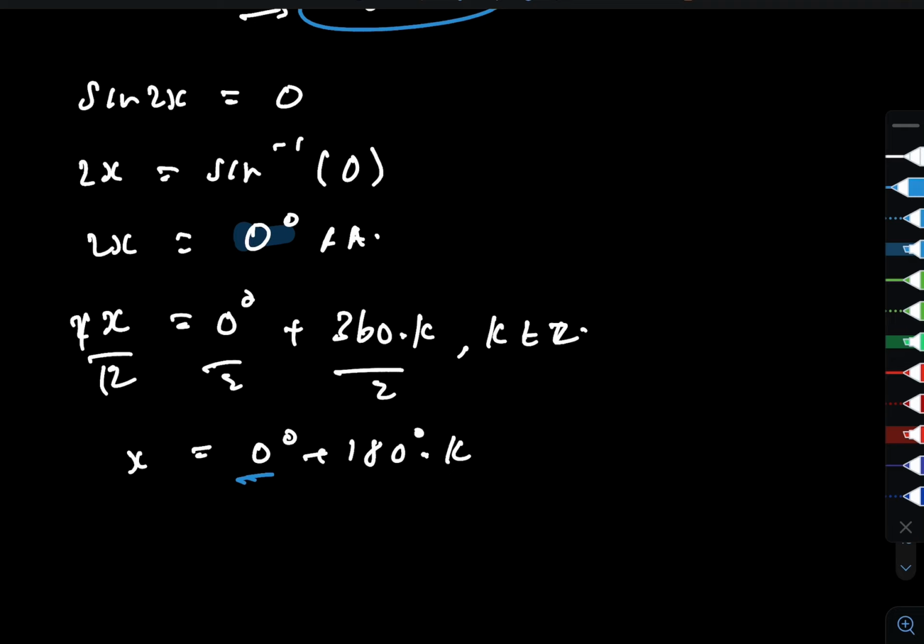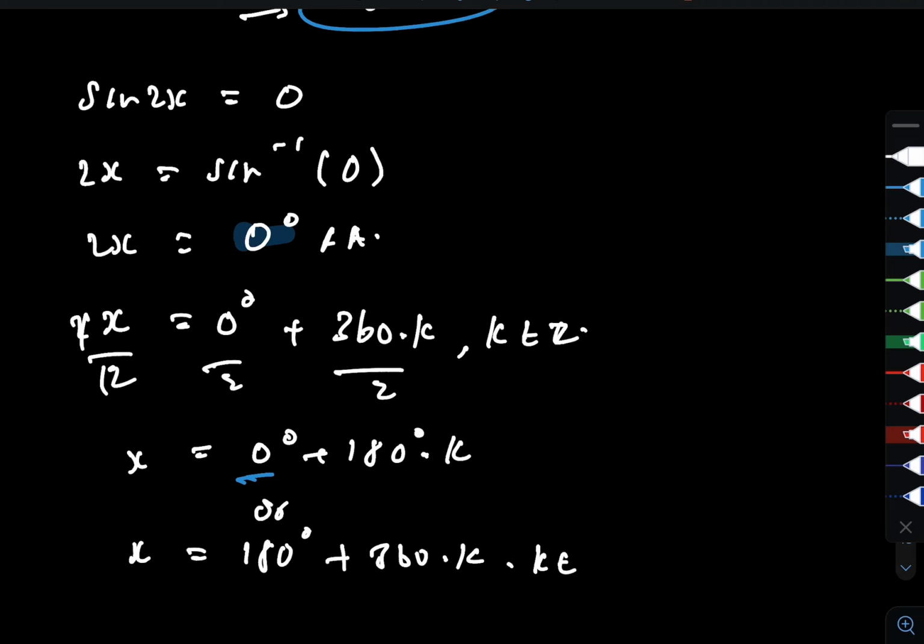Now let's take a look at the other one. If you do that, you subtract 0 from 180 degrees, therefore you're going to have x equals 180 plus 360 times k, where k is an element of integers.